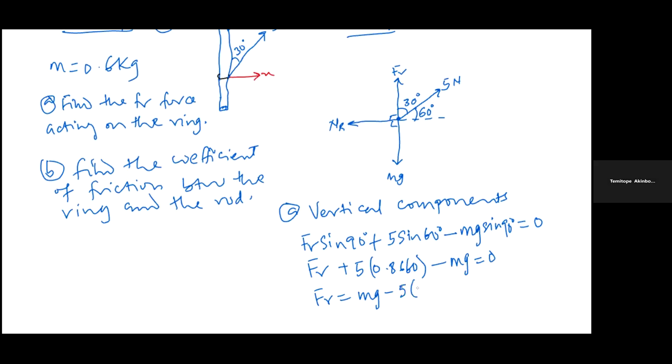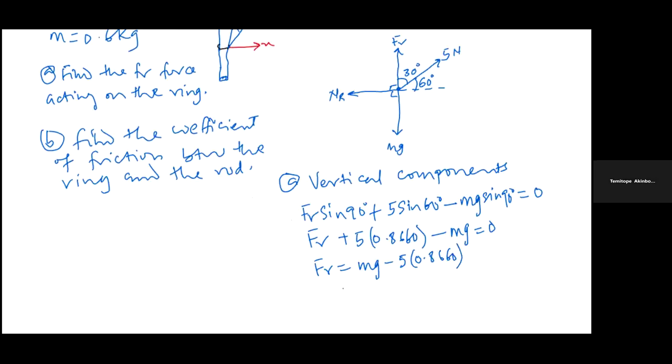Minus 5 times 0.8660. So let's substitute the value of m. And of course, you know that for these mechanics, we take g to be 10, not 9.8 here. So the mass given to us, 0.6 times 10, minus 5 times 0.8660.